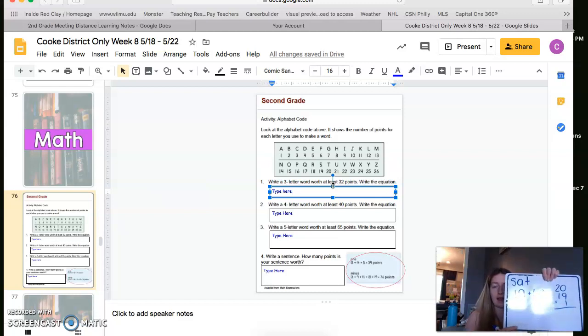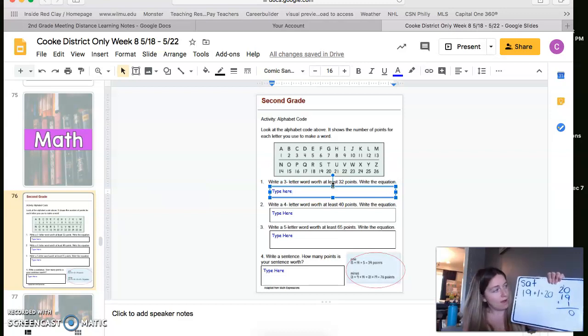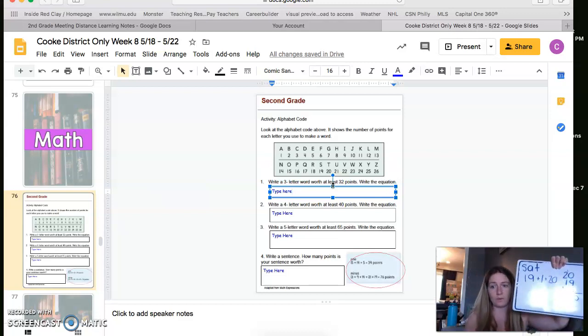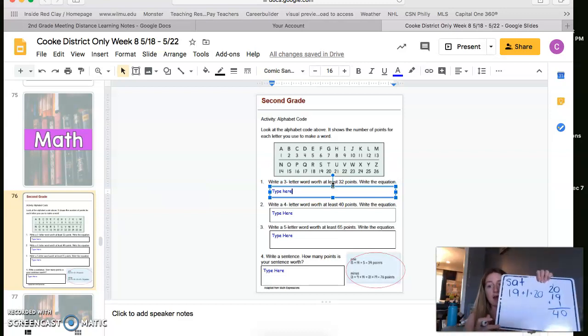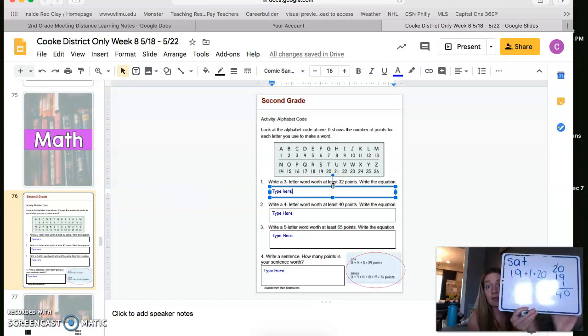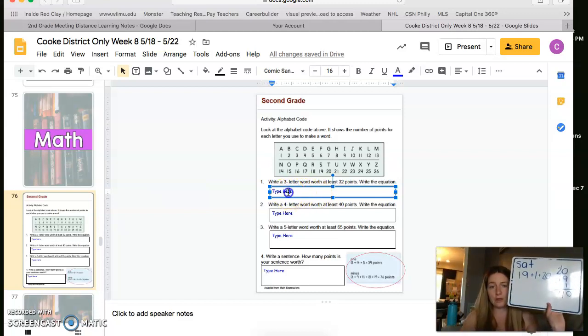All right, and now I'm going to add 0 plus 9 plus 1 equals 10. Make a new 10. 1 plus 2 plus 1 is 4. So my word sat is worth 40 points, and 40 is more than 32. So I'm going to type my word sat, and it says write my equation.